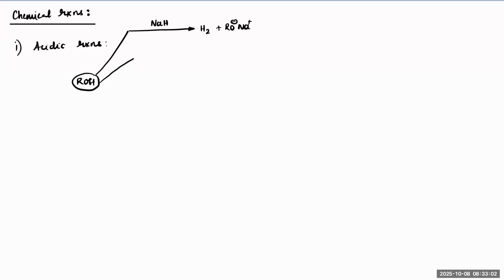Same way, if I treat with NaNH2, which is also a very strong base, you will get NH3 plus RO minus Na plus. Even if you react with only sodium, you will get H2 plus RO minus Na plus.